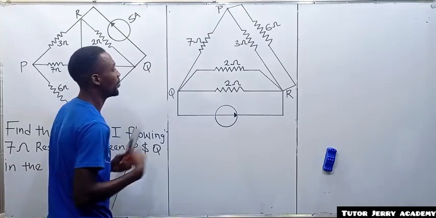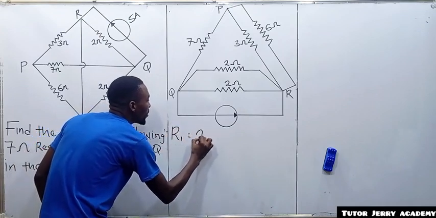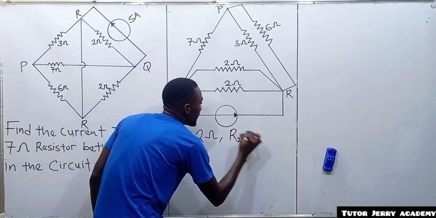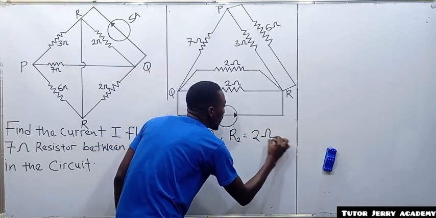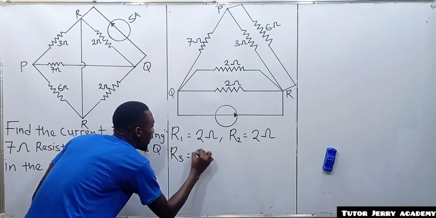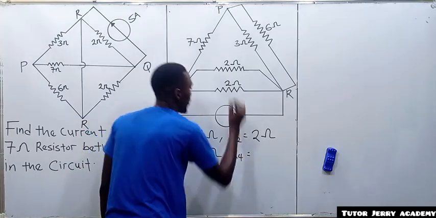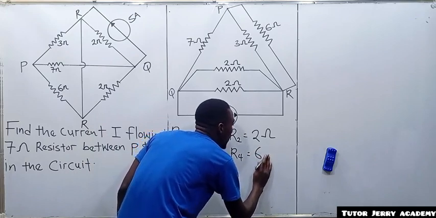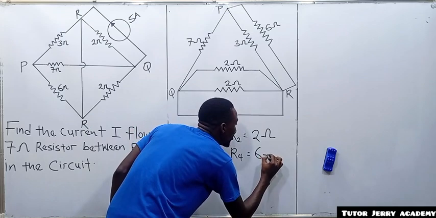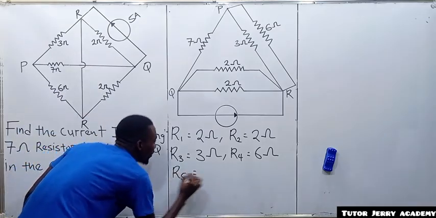Now let's take R1 equals 2 ohms, R2 also equals 2 ohms, R3 equals 3, R4 equals 6, and R5 equals 7.